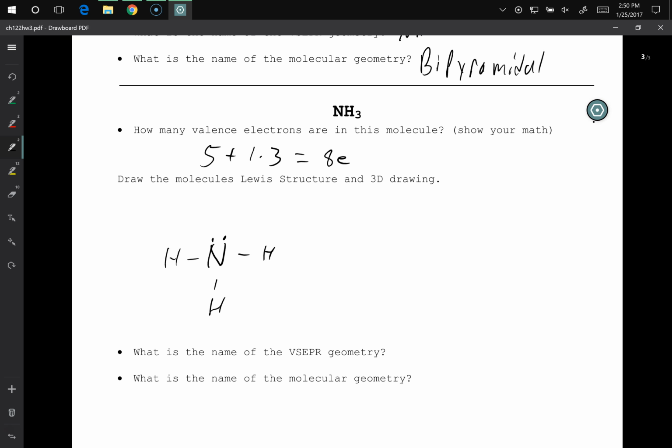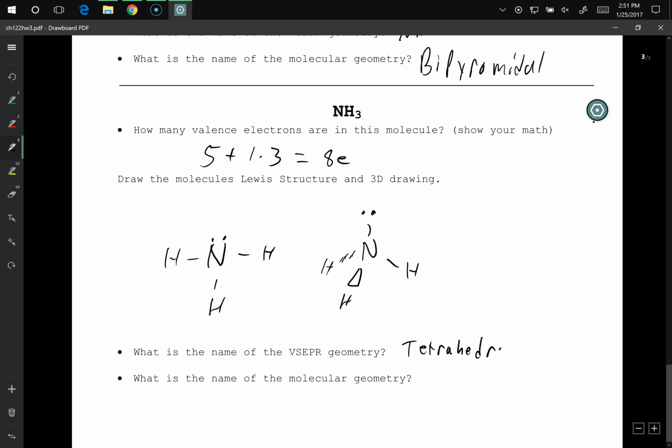So I'm going to do the 3D structure for this. I have a nitrogen, lone pair of electrons, a hydrogen, and a hydrogen. So with the electrons on it, what shape do I have? Tetrahedral. Okay, so the VSEPR is tetrahedral. And the molecular geometry? So I get rid of those electrons up top, and then I have just trigonal pyramidal.